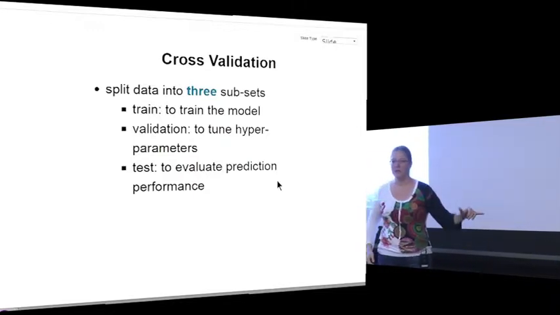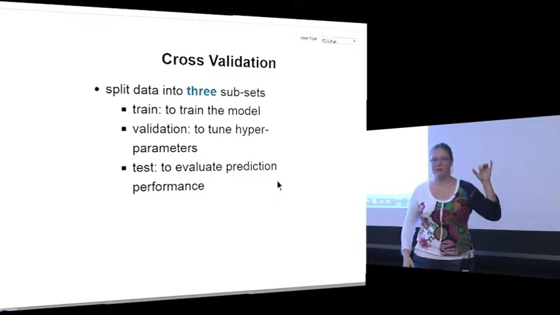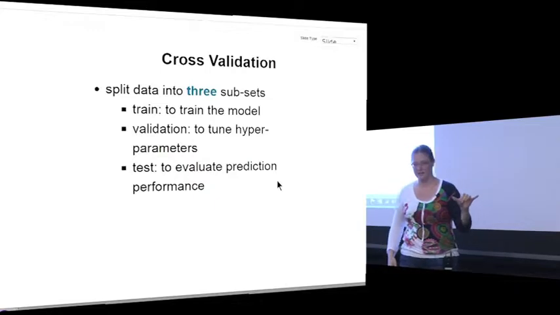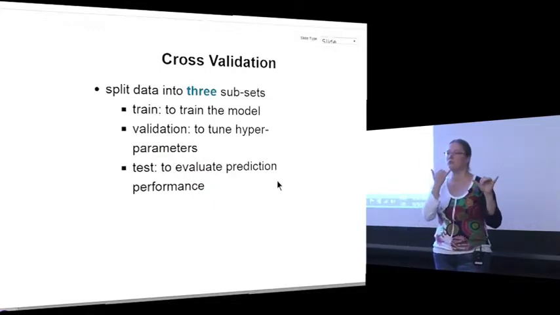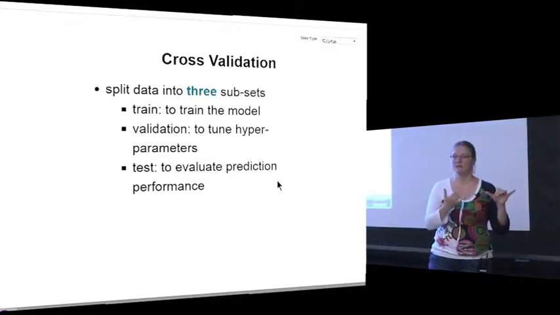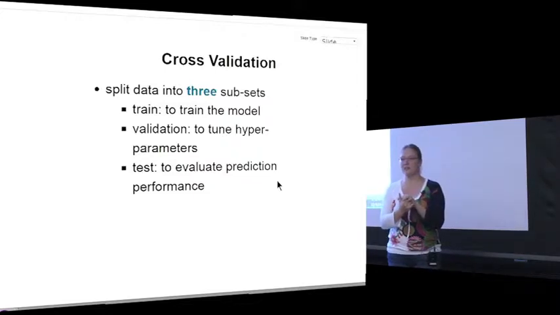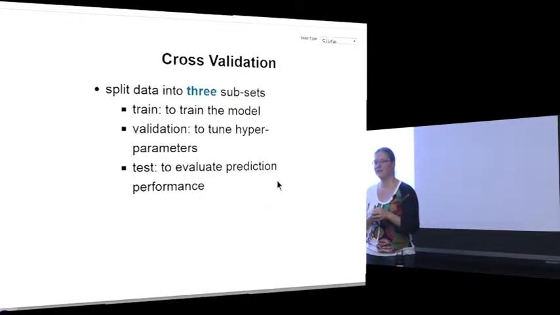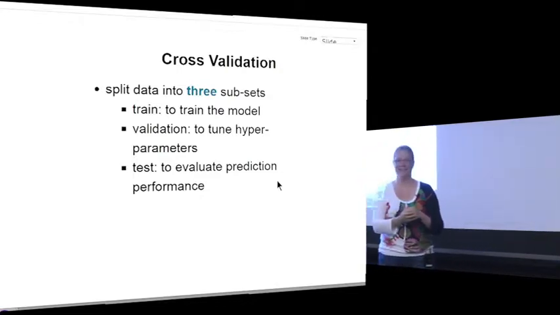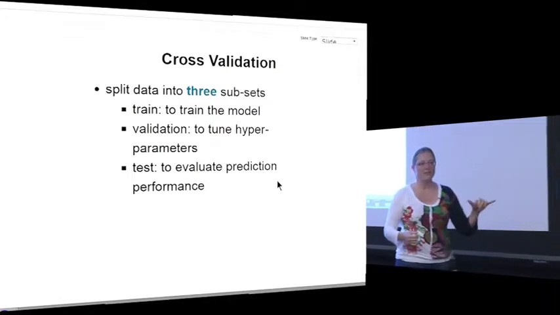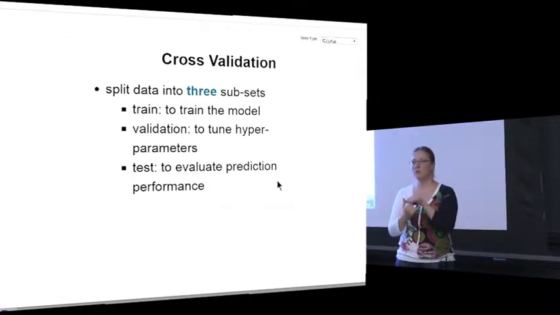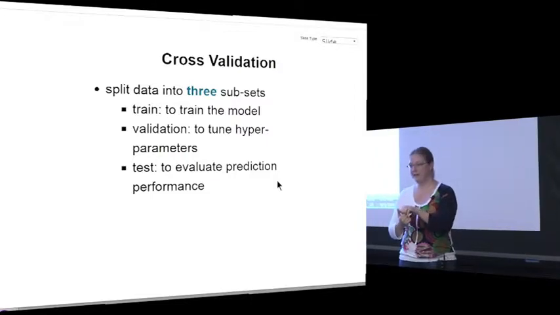Now, before we had our training set, we can't report a score on that because the classifier has seen it. We also shouldn't report the scores just on the validation set. Why not? That's a bit more tricky. Because you chose it to pick a k? Yes, exactly. So we had our training set to fit the classifier, and we have our validation set to compute the optimal value of k.